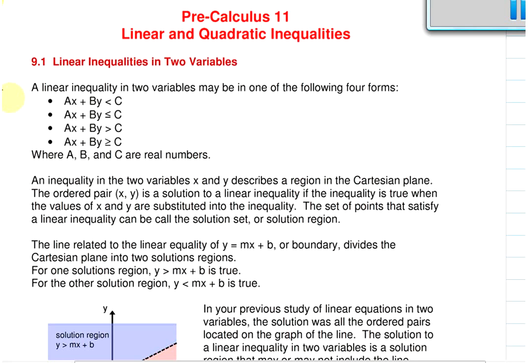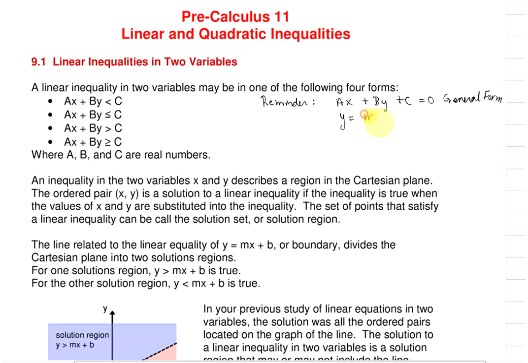Now, just to remind you a little bit of some past math that you would know from last year, if you have an equation in this form, it's general form. If it's in the form of y equals mx plus b, it's y-intercept form, or slope-intercept.